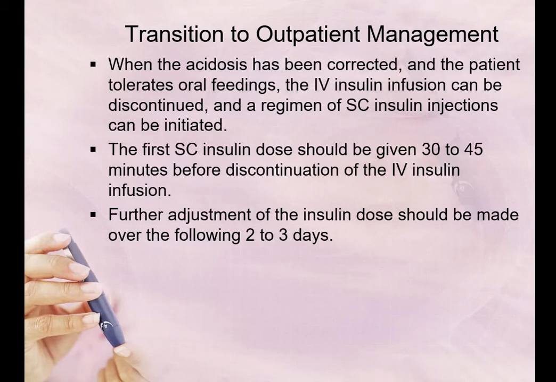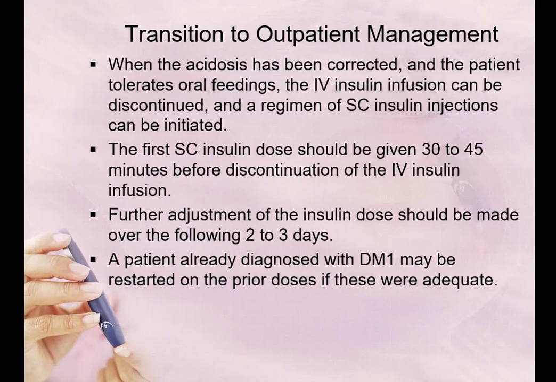Further adjustment of the insulin dose should be made over the following 2 to 3 days after stabilization of the patient's condition. A patient already diagnosed with diabetes may be restarted on the previous dose if these were adequate.